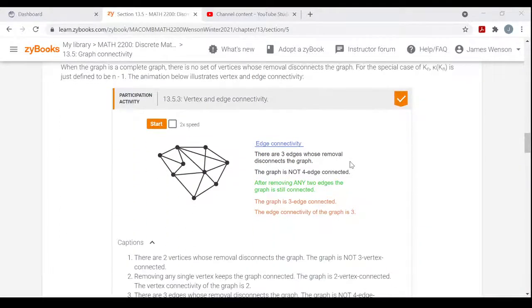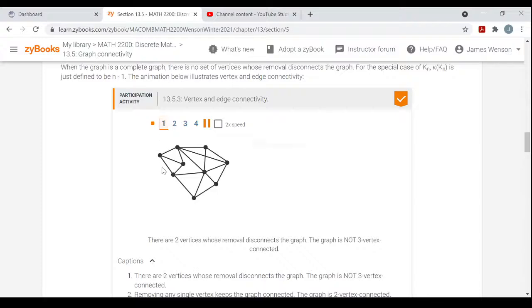All right, so let me show you this animation here. This is a graph with 9 vertices and a bunch of edges. Let me play this animation for you. First they're talking about vertex connectivity. You see that removing these 2 vertices, and when you remove a vertex, all the edges are gone because there's no vertex to build a road.